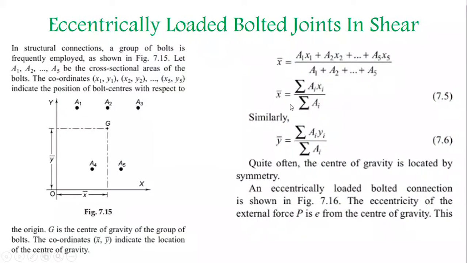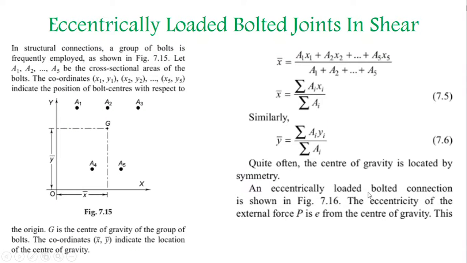So x dash equals summation of ai into xi divided by summation of ai. Similarly, y dash or y bar equals summation of ai yi divided by summation of ai. Quite often the center of gravity is located by symmetry.